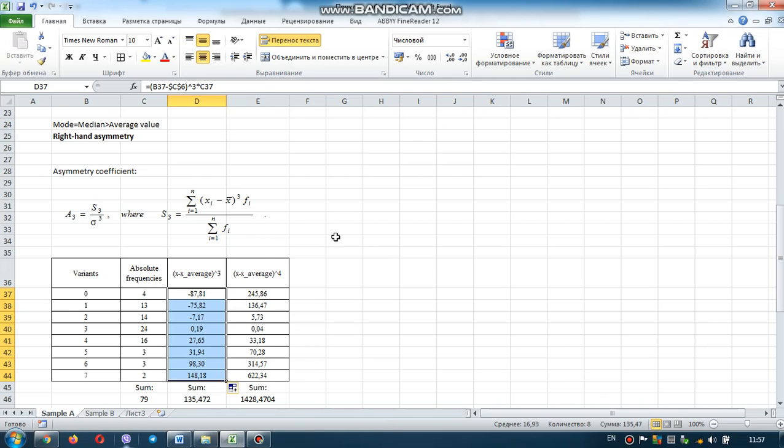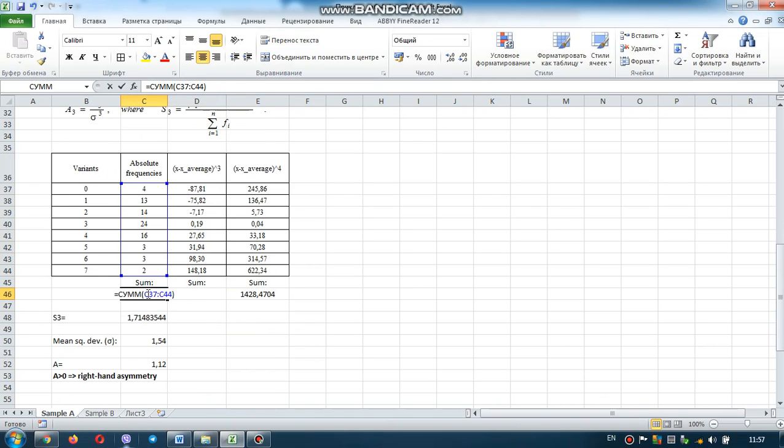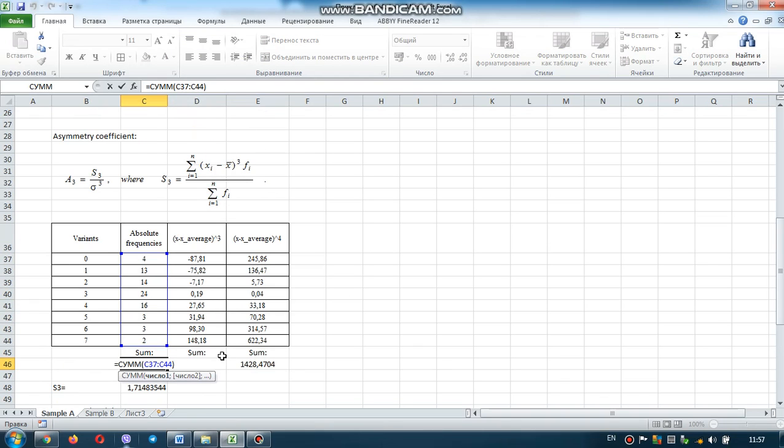Just multiply this formula. Then we have to calculate the sum of absolute frequencies and the sum of the values for the numerator of the formula, this summary value.